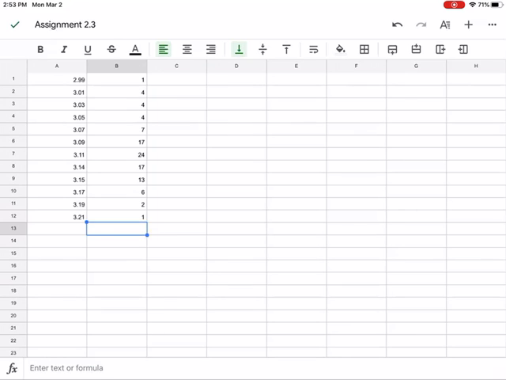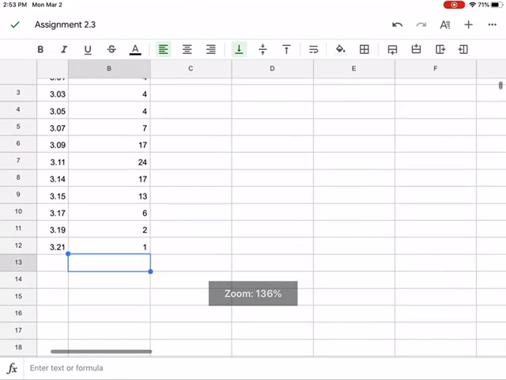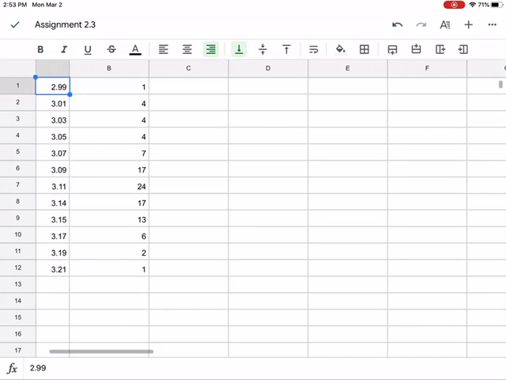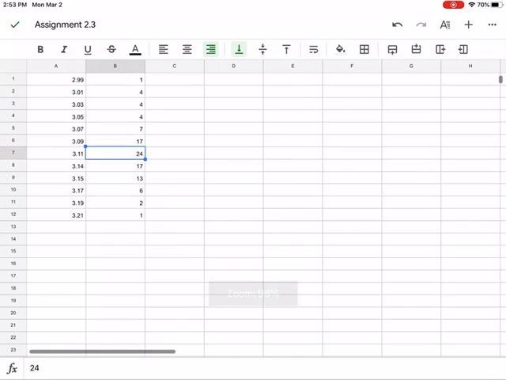So this question is asking us to find the mean and the standard deviation of this data. This is something called a weighted average. What we're saying here is that the number 2.99 occurs one time, and the number 3.01 occurs 4 times. So you can see how this is more convenient to write than to type 3.11 24 times. This is a much faster way to do it.